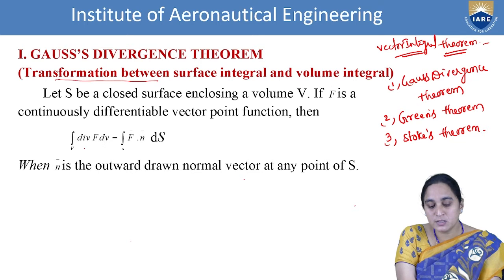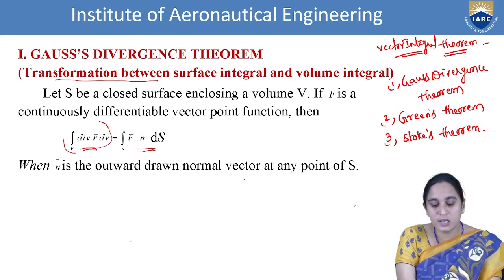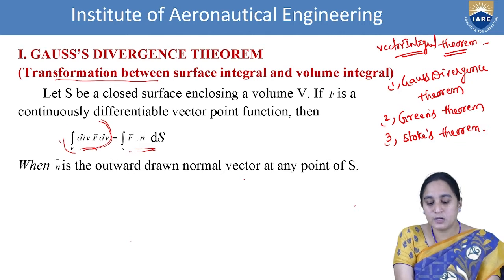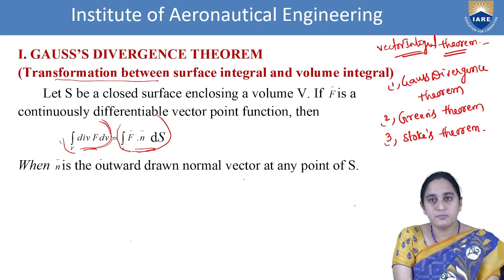Once you observe the theorem statement, the formula is integral V divergence of F bar dV is equal to integral S F bar dot N bar ds. That means volume integral is equal to surface integral. But what is N bar here?